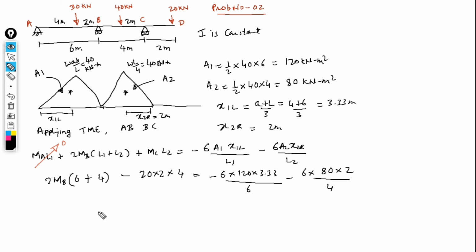When you solve this, you will get the value of MB equal to minus 23.98 kilonewton meter.